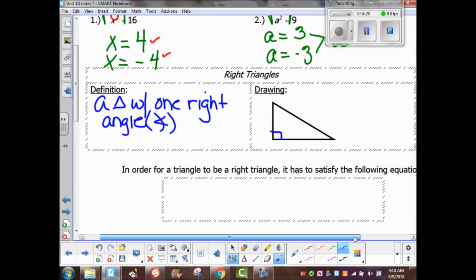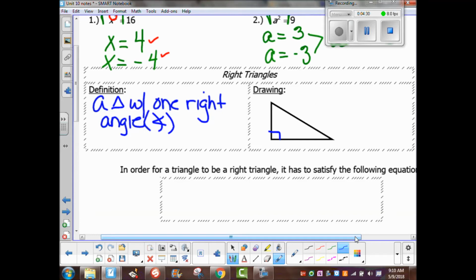And then we have some parts to the right triangle. The 2 sides that make up the right angle are called the legs. So that's a leg and that's a leg, because those 2 sides make up that right angle. And then we have a special name for the other side that's across from the right angle, and that's called the hypotenuse.